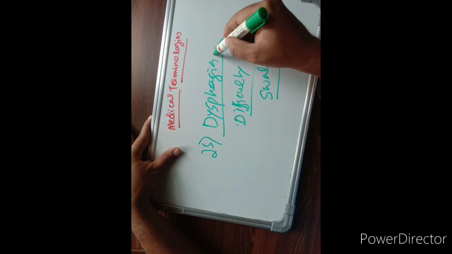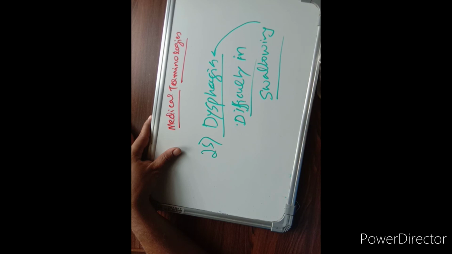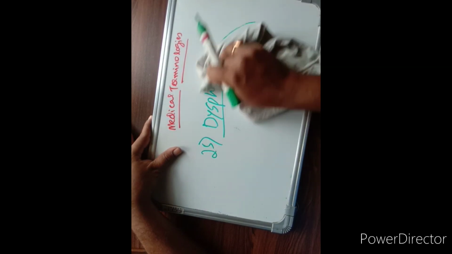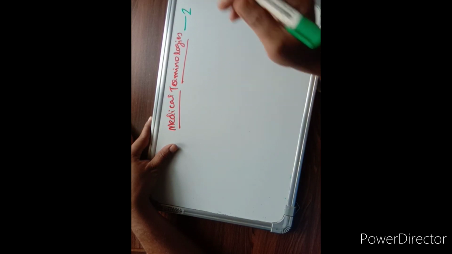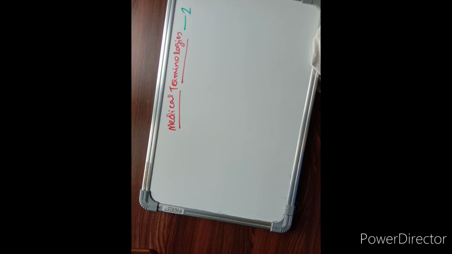The terminology for difficulty in swallowing is dysphagia. So these are all the terminology. This is medical terminology part 1. The remaining medical terminology I will discuss in the next class. I hope you understood all the meanings of the terminology.